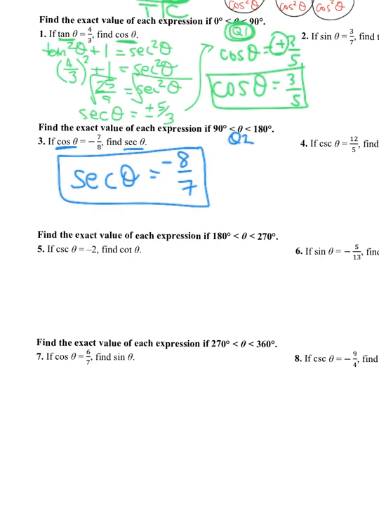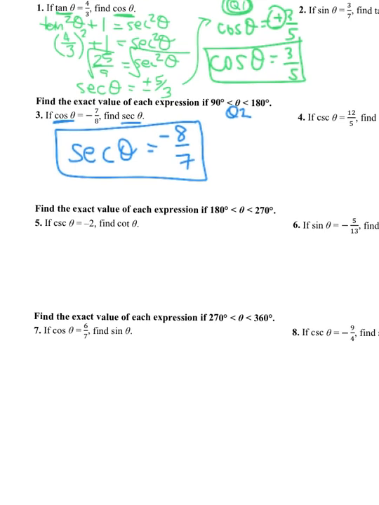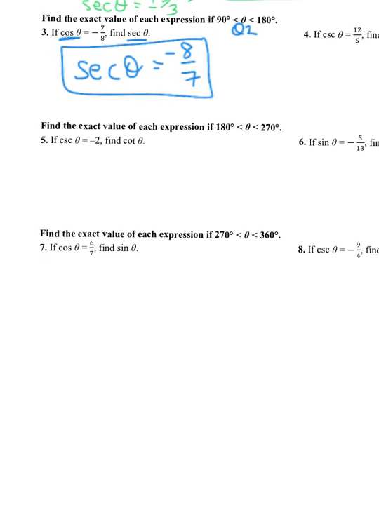All right, let's jump down to number 5. This time we have a theta between 180 and 270. So that tells me I am in quadrant 3. And this time they have cosecant of theta is equal to -2, and cotangent of theta is what I want to find.